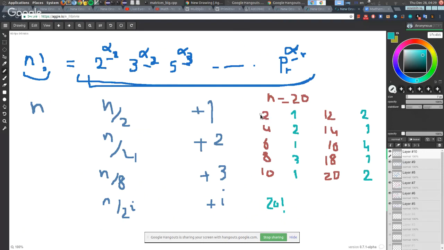Basically, the contribution of multiplying by 2 is adding 1 to the alpha, and multiplying by 4 is adding 2 to the alpha, and so on.